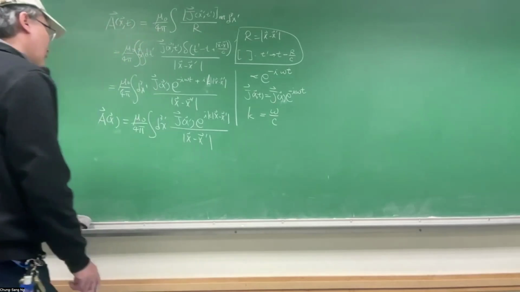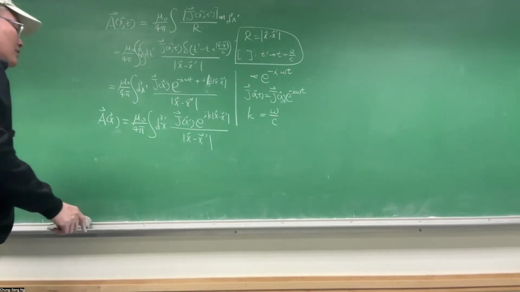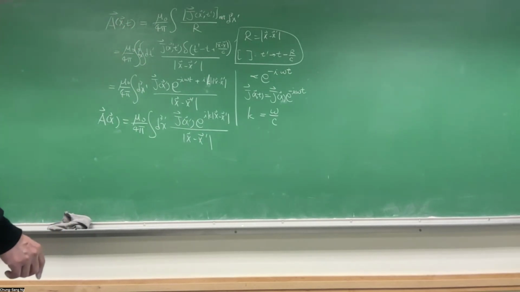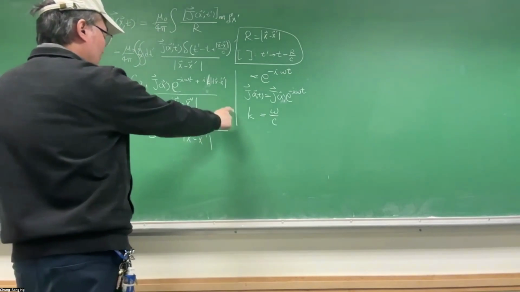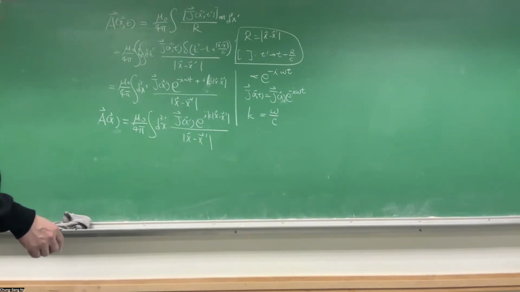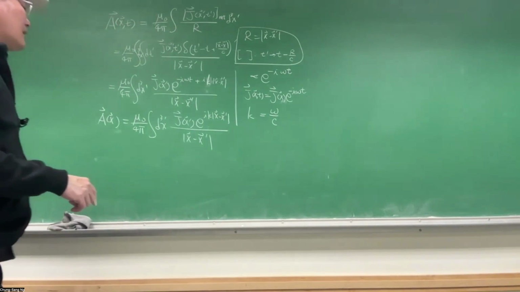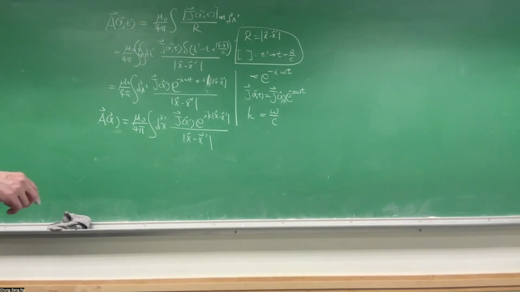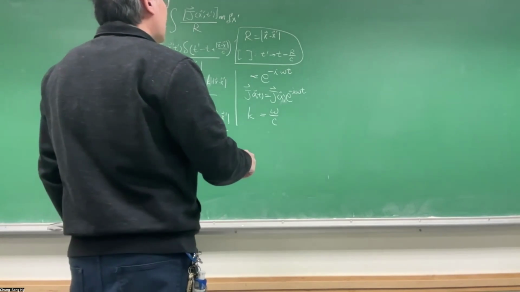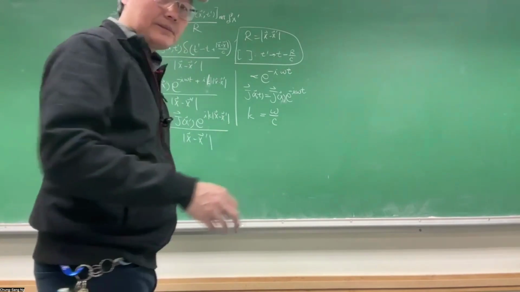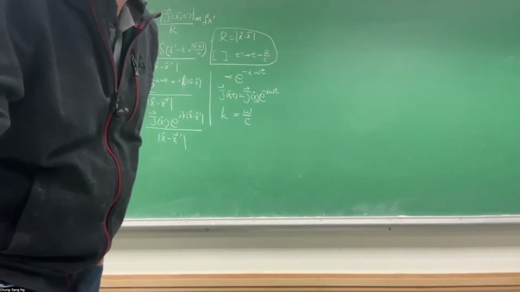But before we do the full thing, because this is an integral, and this integral is usually not easy to evaluate with this exponential factor included, we would like to simplify it. And the simplification depends on how far away you are from the source, and how the length scales relate to each other. So we can consider how many length scales we have here.